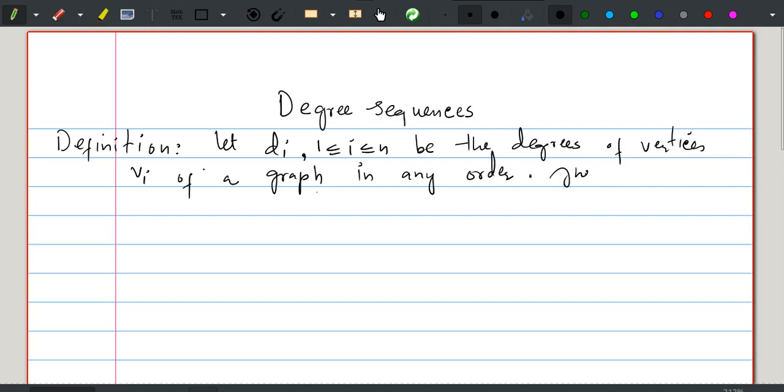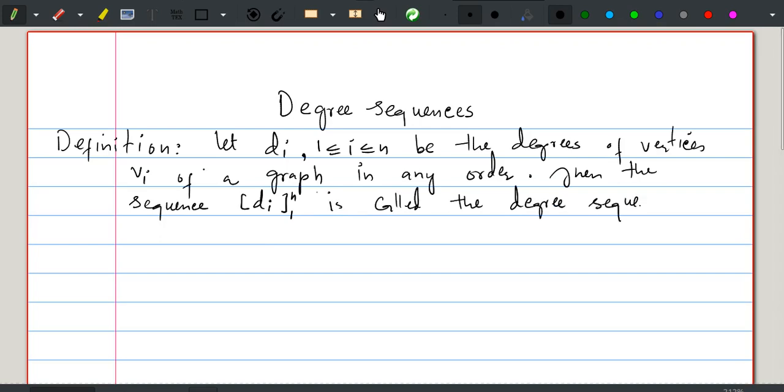Then the sequence d_i, where i runs from 1 to n, is called the degree sequence of the graph.